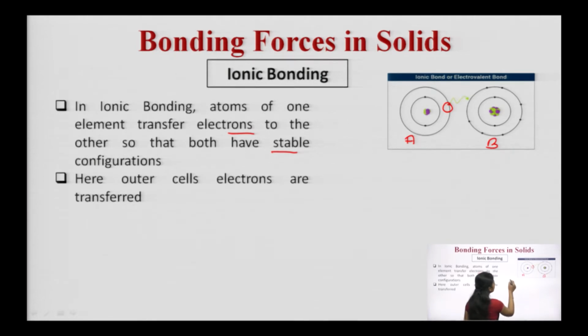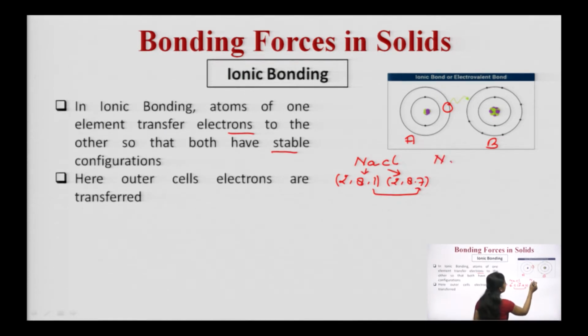The same you can understand in the case of NaCl, how this ionic bonding forms. The electron arrangement in Na is 2, 8, 1, while in chlorine it is 2, 8, 7. What will happen over here? The one electron in the outermost shell of sodium will be transferred to the chlorine and both will have a stable structure.